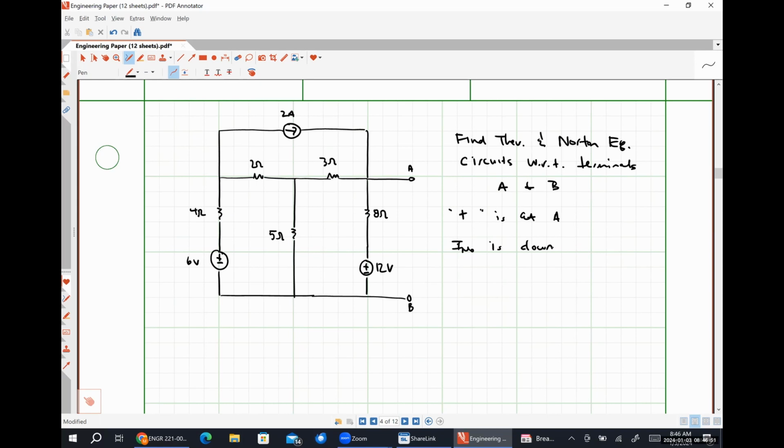So which quantity do you guys want to solve for first? Combine the Thevenin voltage, Thevenin resistance, or Norton current. Any one of those three.